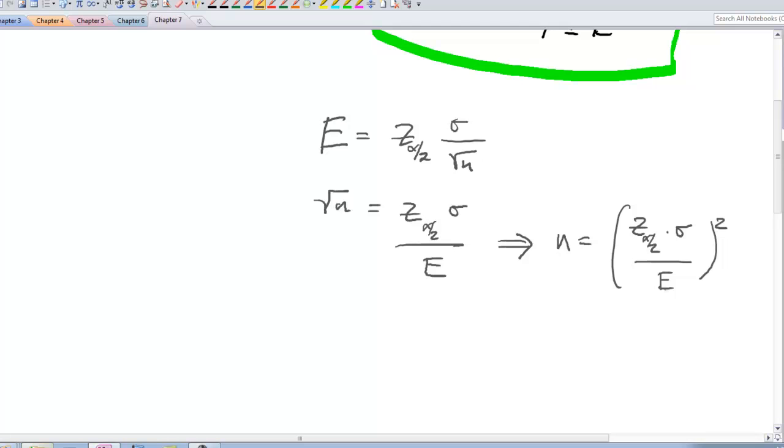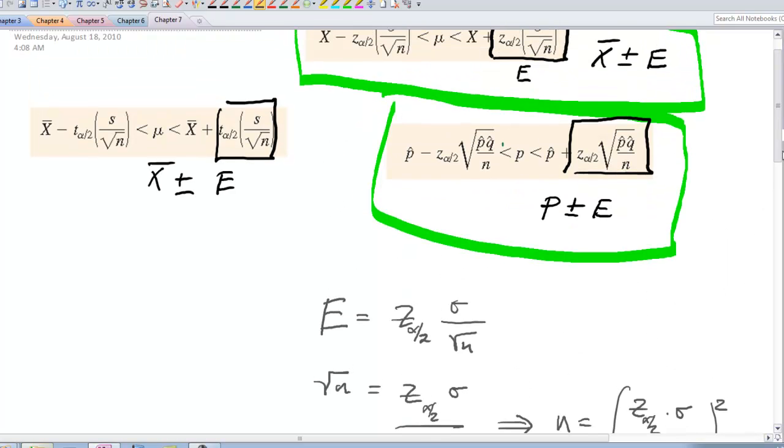If I know e, which is my tolerance, my maximum error that I want to allow, I know my confidence level, and I know the standard deviation for the population, I can compute the sample size that I need to come in with this tolerance level for the error. So no more error allowed than that.